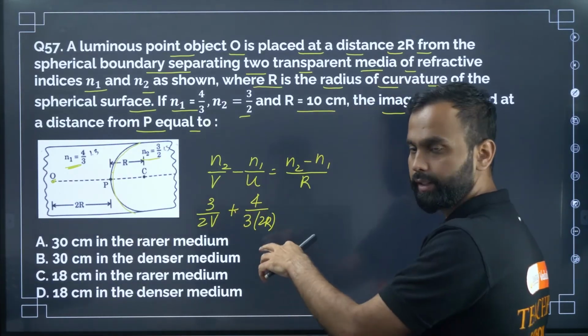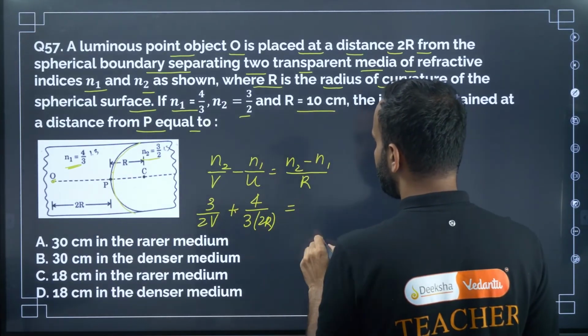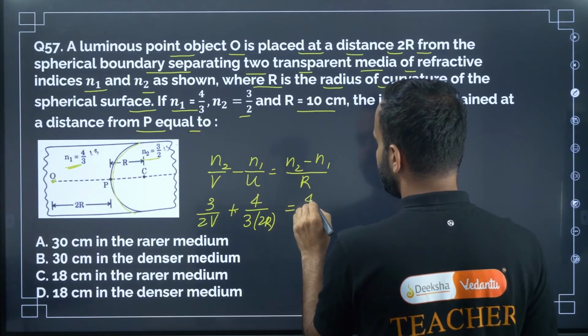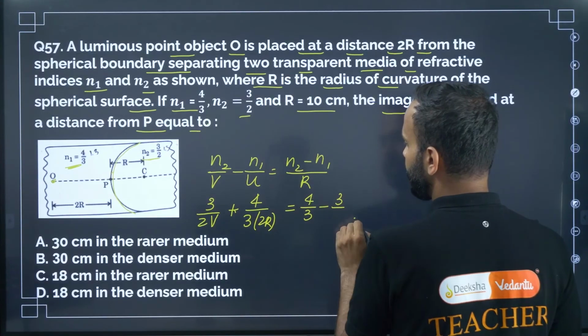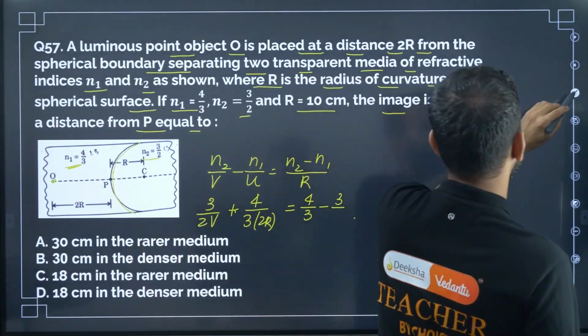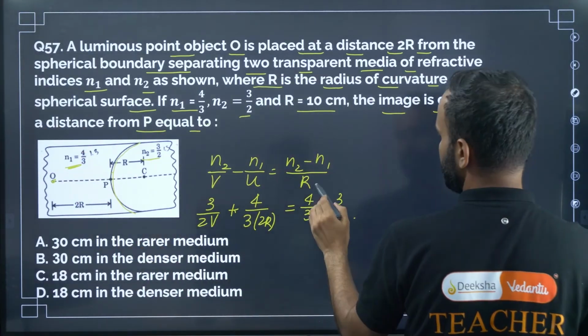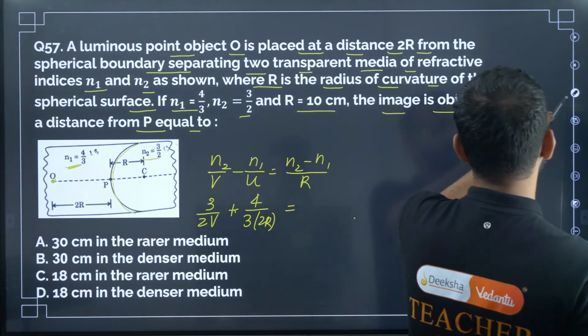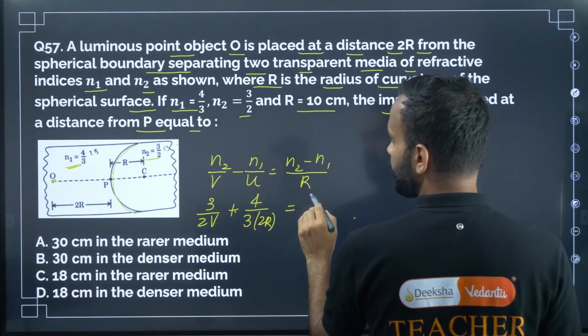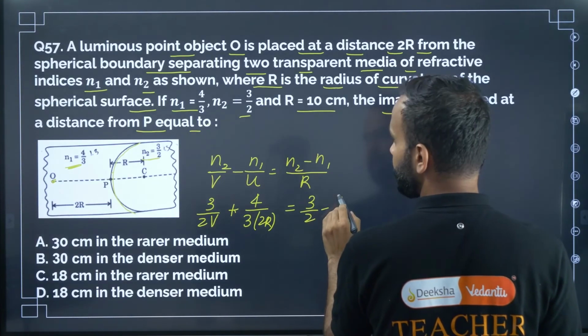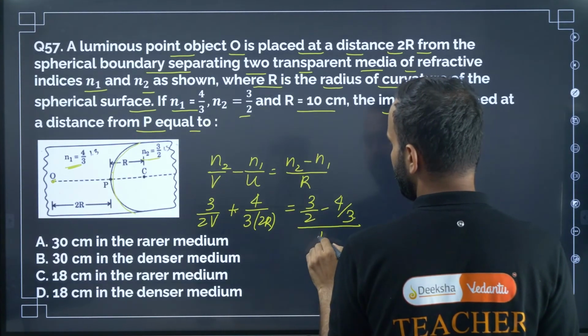So this will be 3 by 2v plus 4 by 3 by 2r equals n2 minus n1, that is 3 by 2 minus 4 by 3, divided by r.